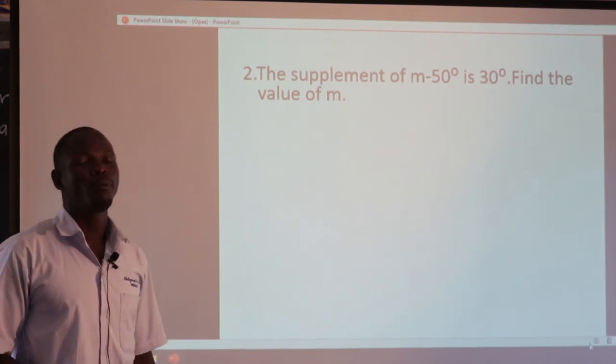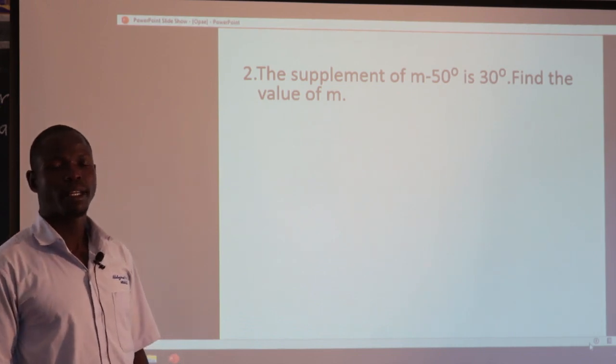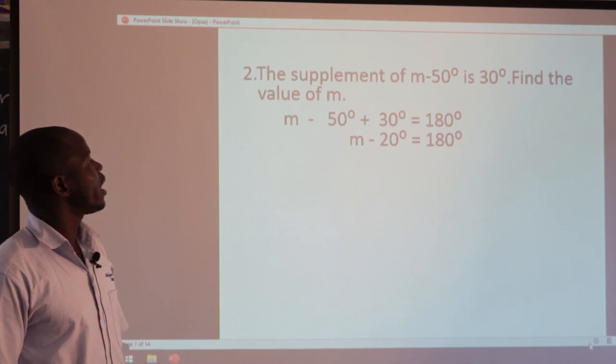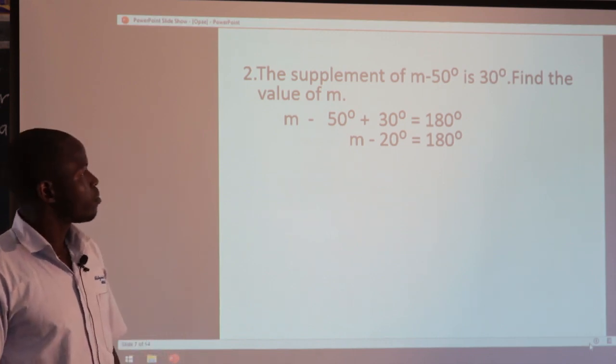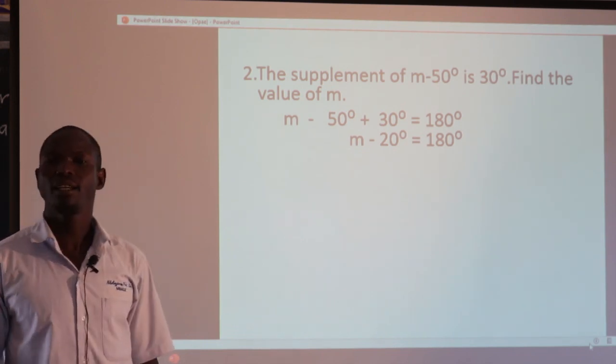That means we form the equation by adding the two angles that are given in the statement. That's why our equation will be m minus 50 degrees, which is the first angle, plus the supplement of that one, which is 30 degrees, is equal to 180 degrees.